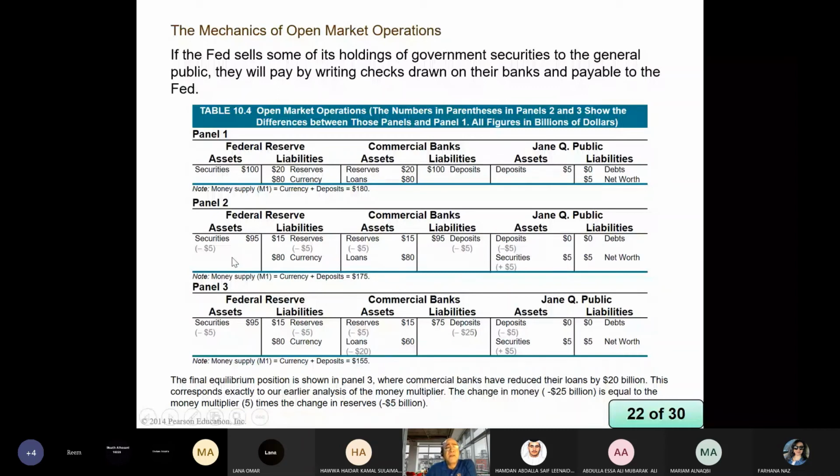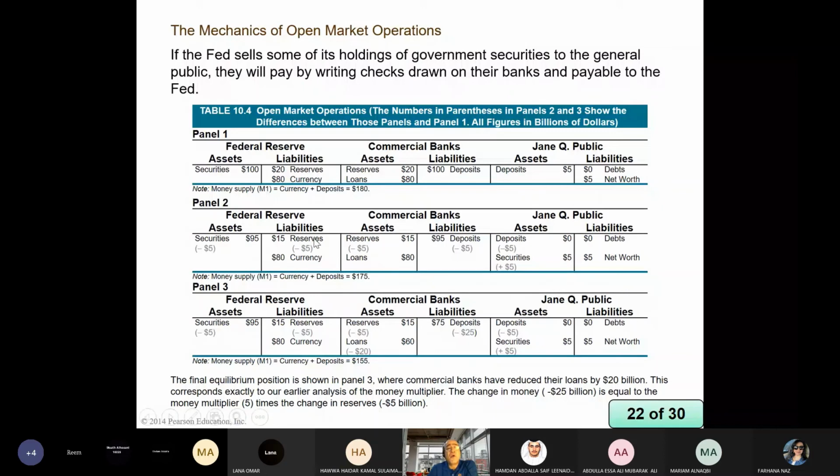Let's see here. The central bank decided to sell 5 dirhams of national bonds. So national bonds decreased from 100 to 95. When the central bank sells 5 dirhams of bonds, it will receive 5 dirhams from somewhere.